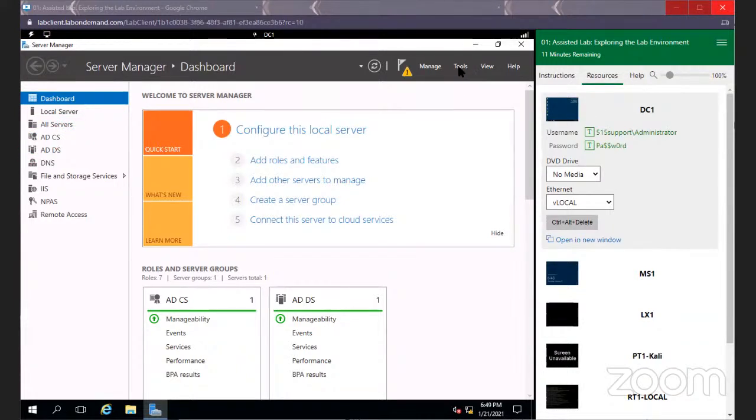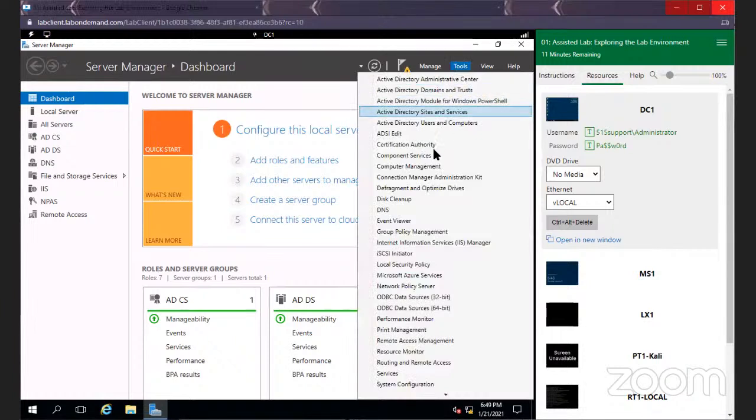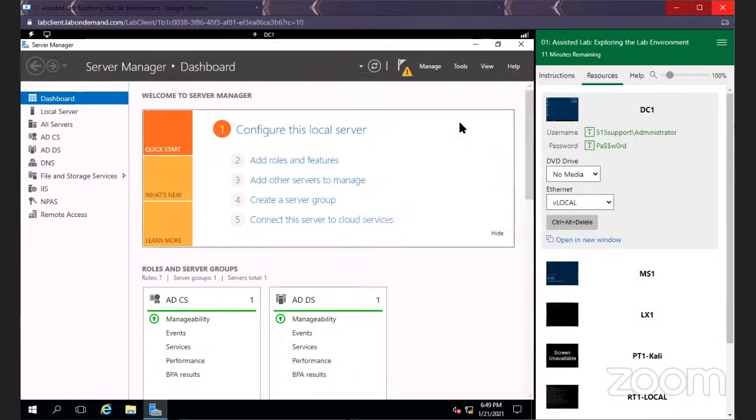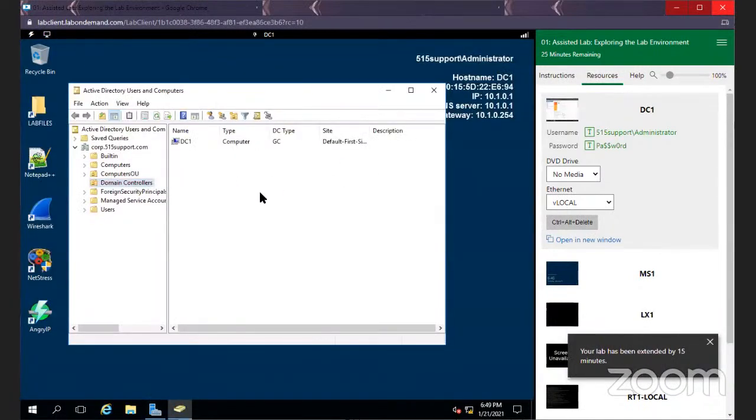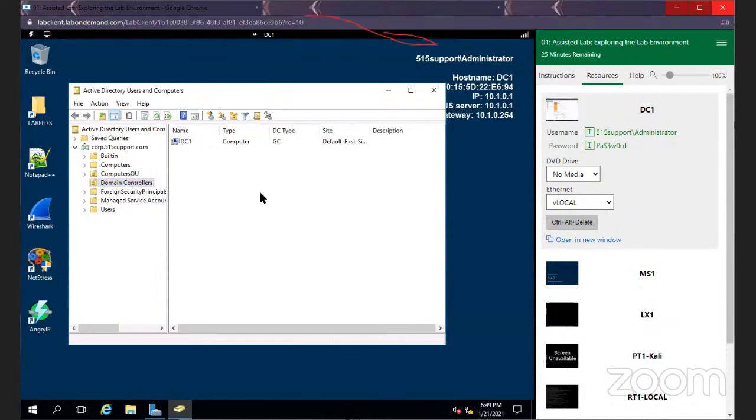Now, if I come over here to Tools and go to Active Directory Users and Computers, give that a second to load up. Now we're looking at our Active Directory objects. Oh crap, hold on.